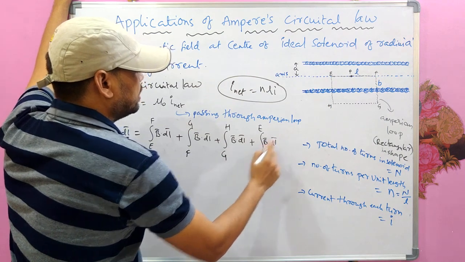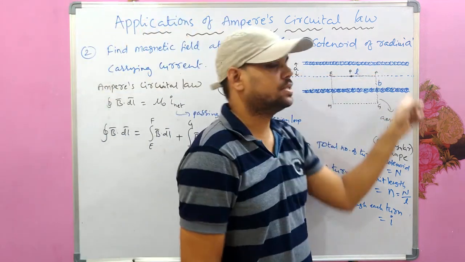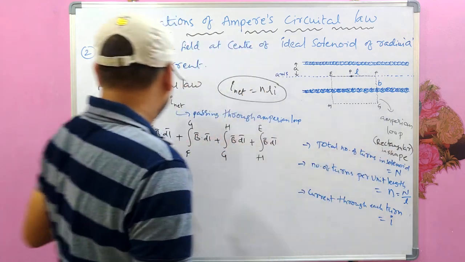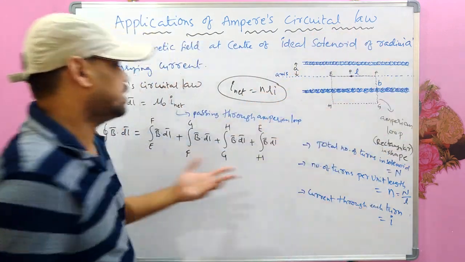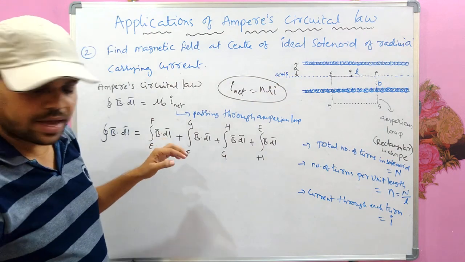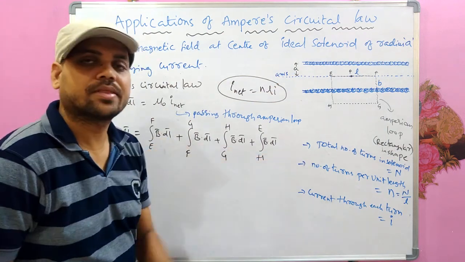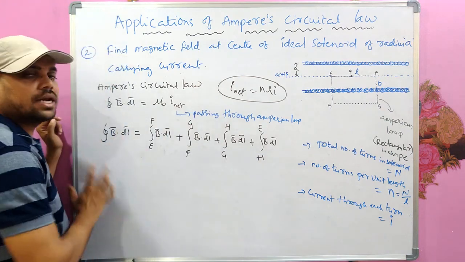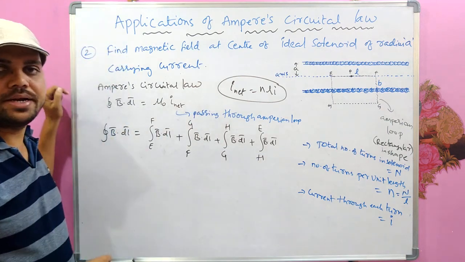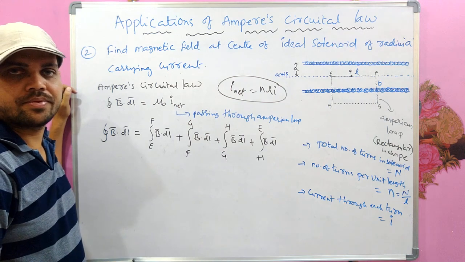So I have divided it into 4 sides so that we get the total line integral along this closed Amperian loop. Now we will calculate one after the other and substitute them back in this, so that we will get the total line integral of the net magnetic field along that loop.